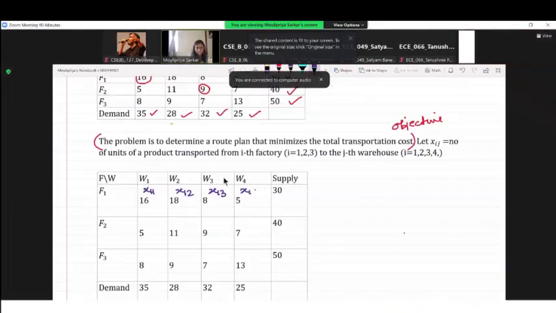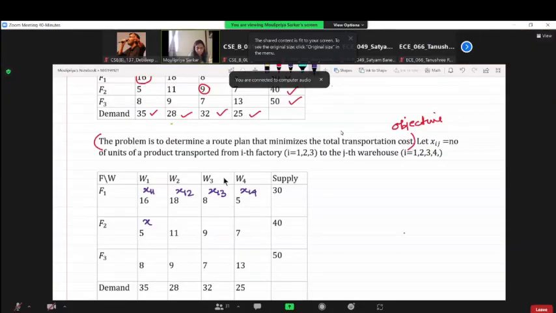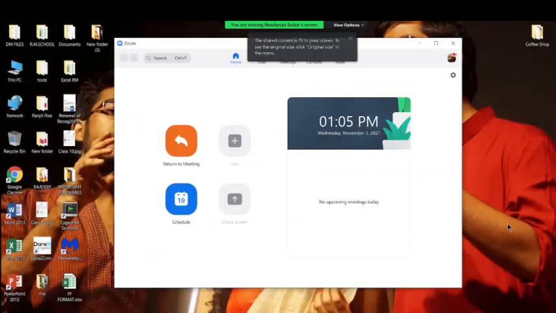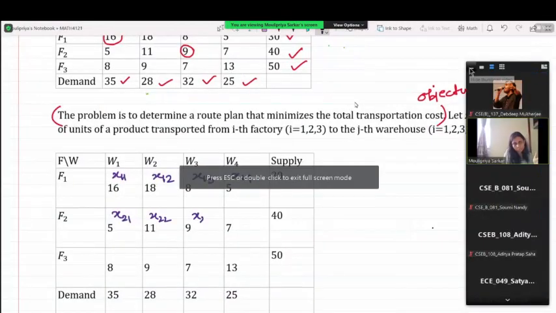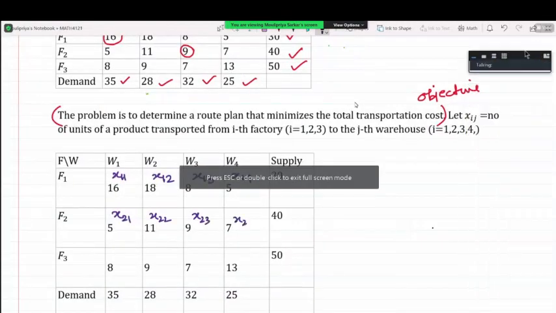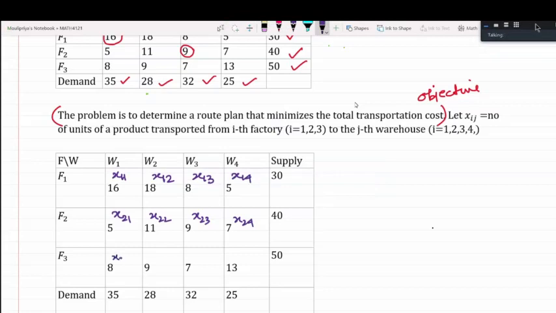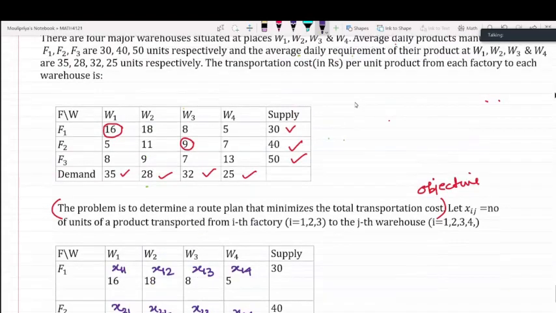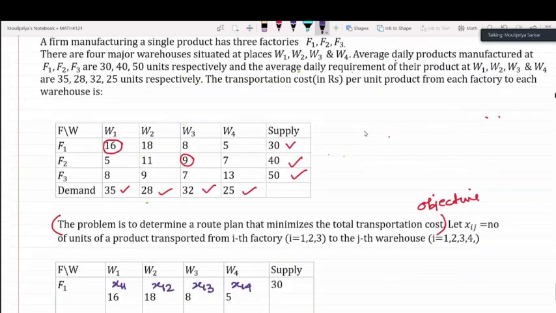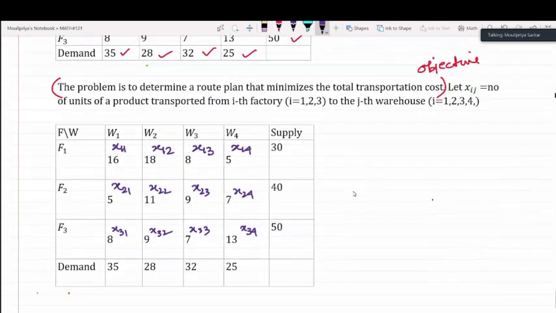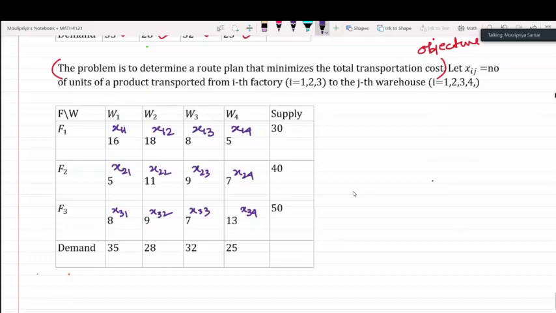x21, x22, x23, x24, x31, x32, x33, x34. So 16 is the cost of transporting a unit product.